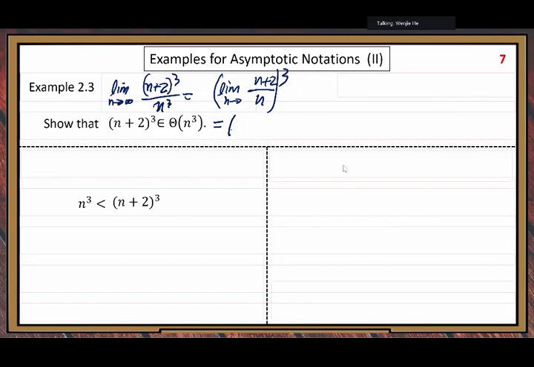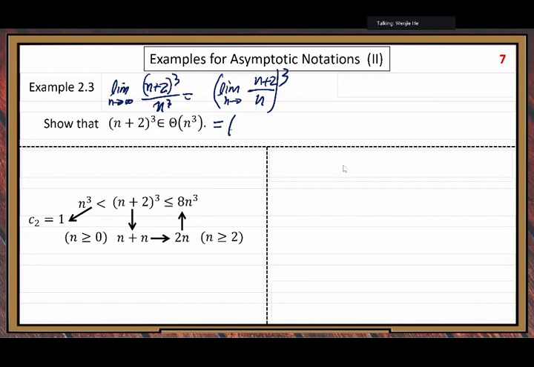Raise both to cube. All right? Upper bound is the same thing. Let's find the upper bound for n plus 2 first, then we raise to cube. So here, similarly, the upper bound is 2n. Then we raise to cube. 2 cubed is 8, so 8 times n cubed.